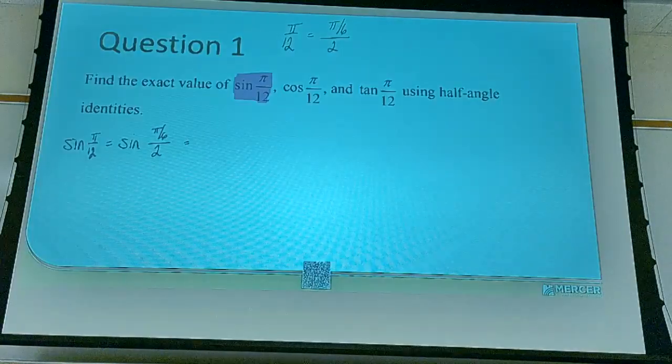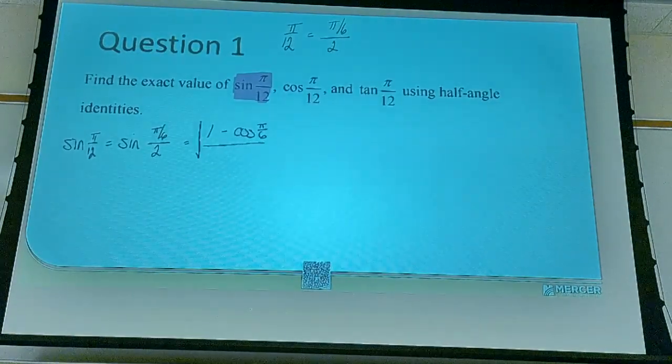Sine is positive in the first quadrant, so it's the positive square root of 1 minus cosine of pi over 6, all divided by 2.